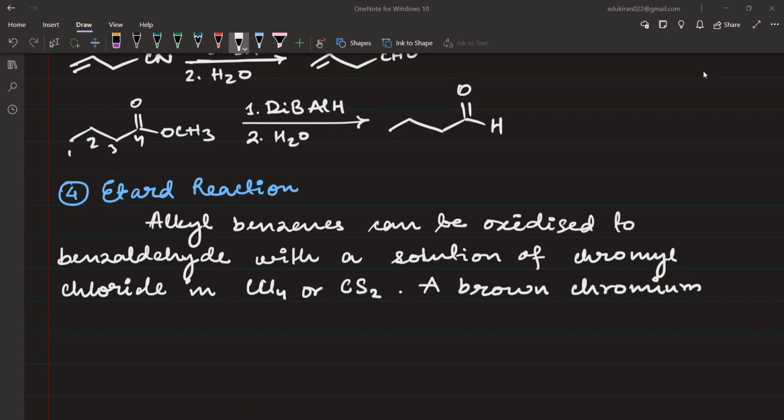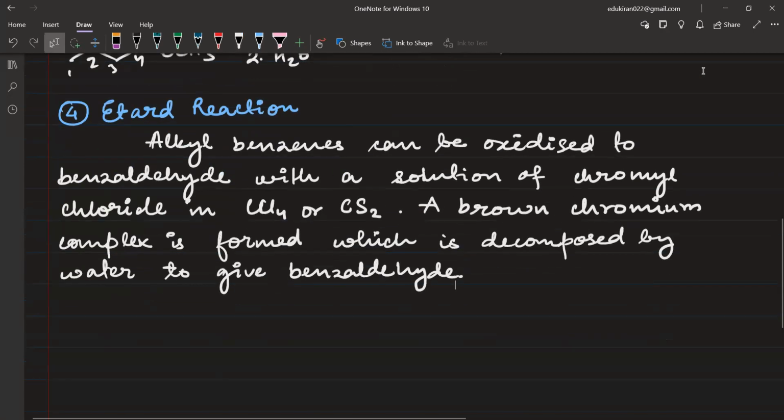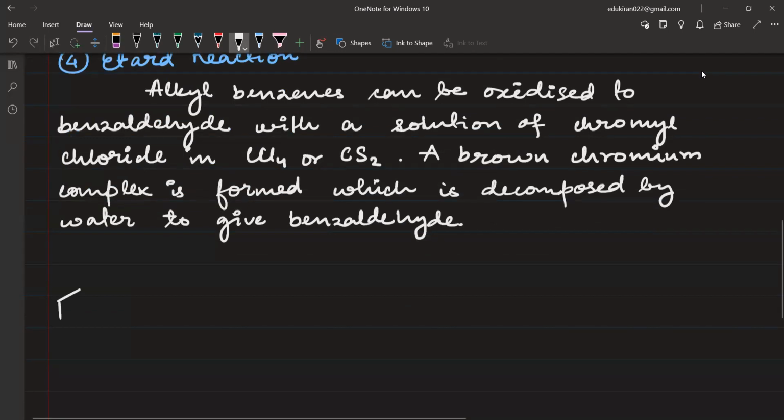A brown chromium complex is formed, which is decomposed by water to give benzaldehyde. So you have some alkyl benzene, let's suppose CH3.